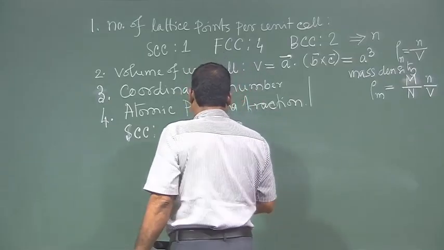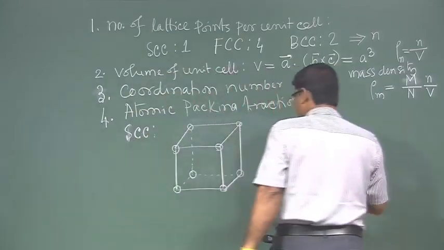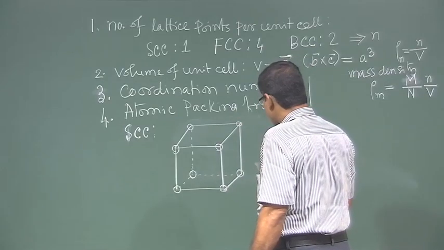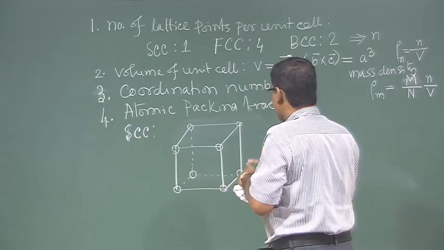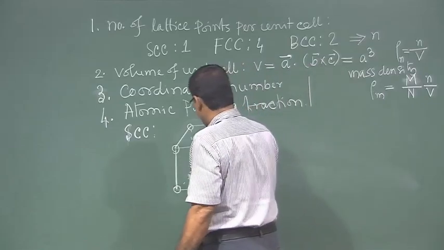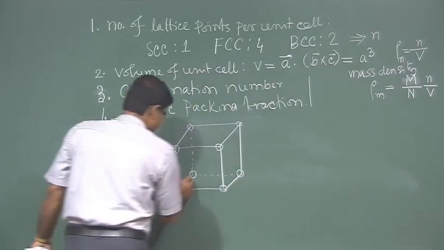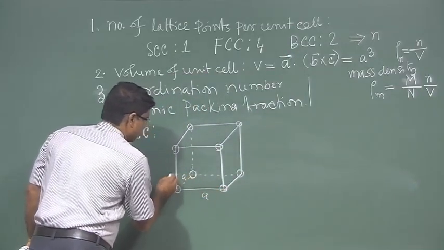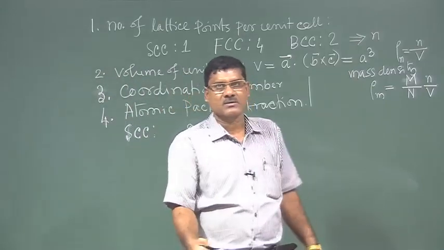So, for simple cubic, what is the nearest two atoms, that is the smallest distance between two atoms? They will touch each other, other atoms may not touch. So, in case of simple cubic, the distance between two atoms is a, that is the smallest distance.